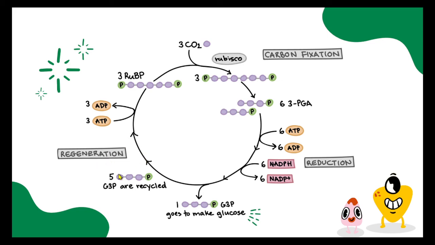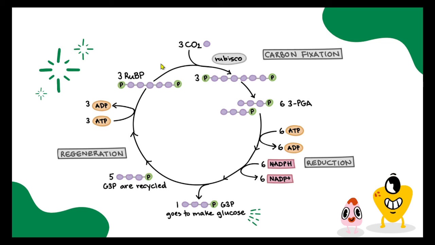So what happens here, these 5 molecules of G3P are recycled. This involves the participation of another 3 molecules of ATP as well to finally create our starting molecule, 3 molecules of RuBP. And RuBP is very important because we need this to fix our carbon, so we can start the process all over again.